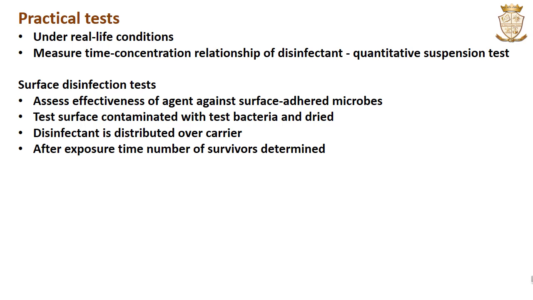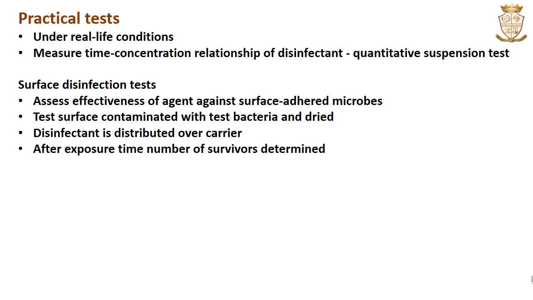So this test is different from the carrier test. In the carrier test, the carrier is submerged in the disinfectant solution during the whole exposure time, and the carrier will have the microorganisms dried onto it. Whereas in the surface disinfectant test, the disinfectant is applied onto the carrier. The carrier is not immersed in the disinfectant here.